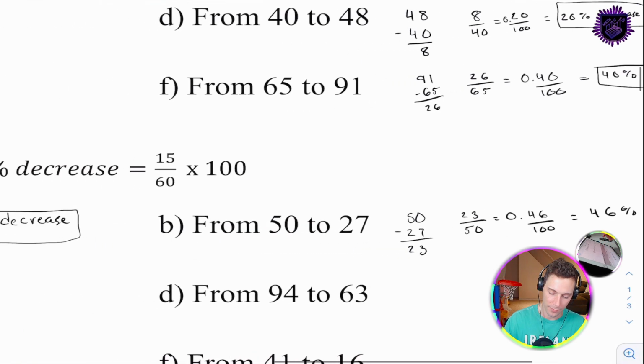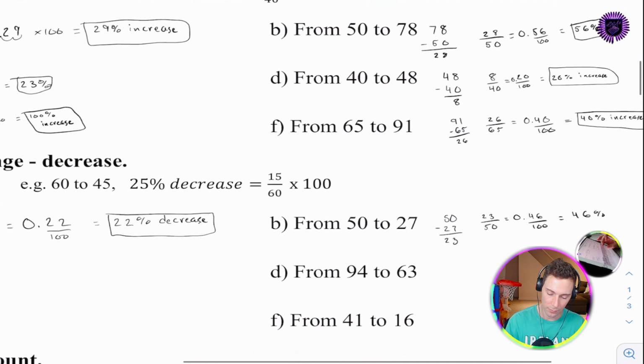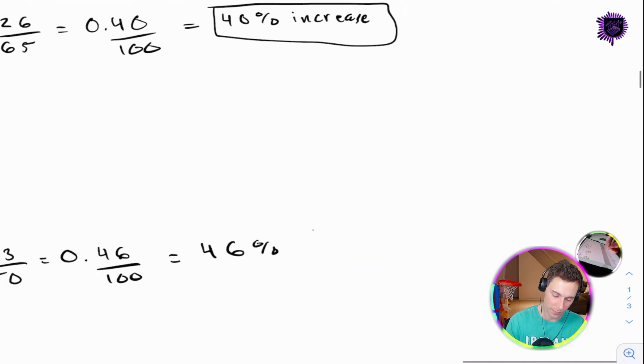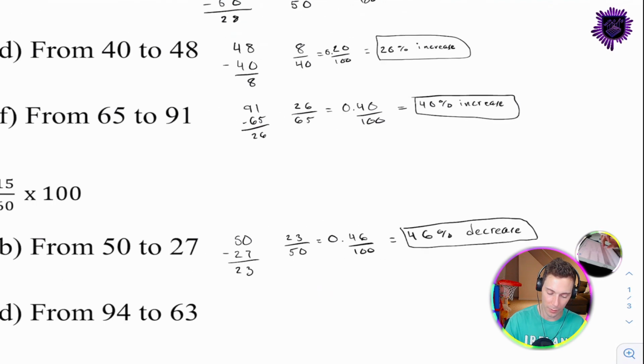All right. Decrease, 46%. It's important we have the decrease. We know which way we're going.